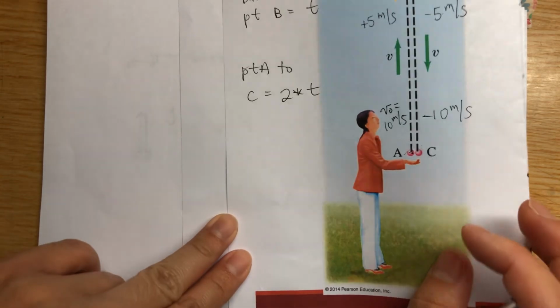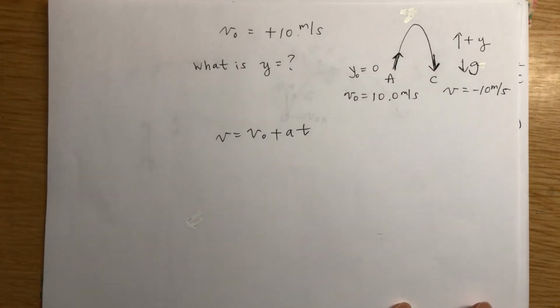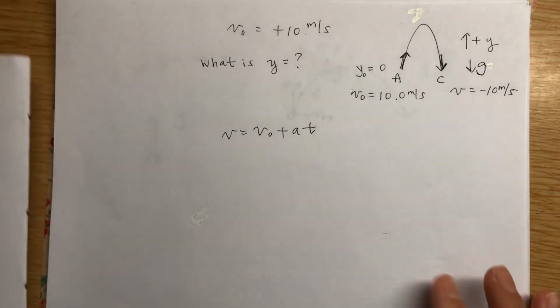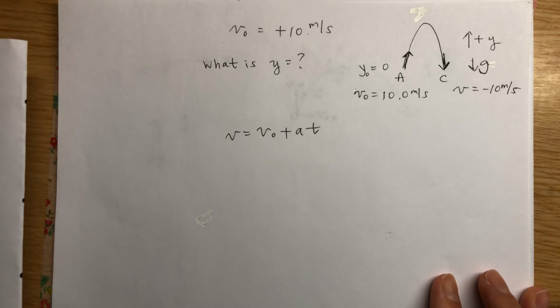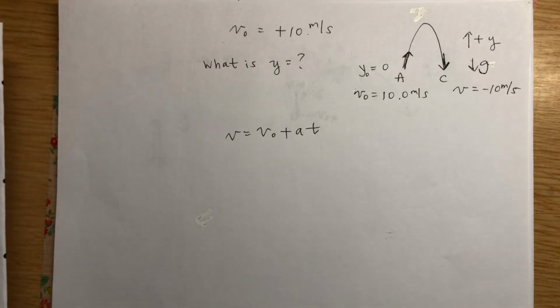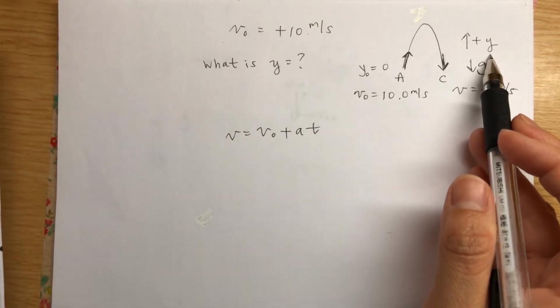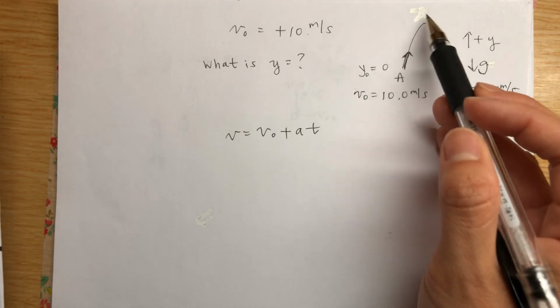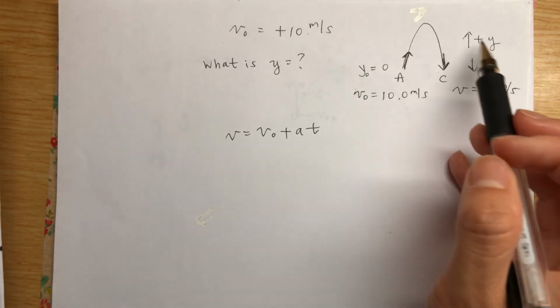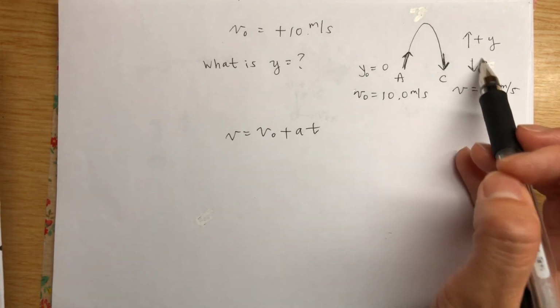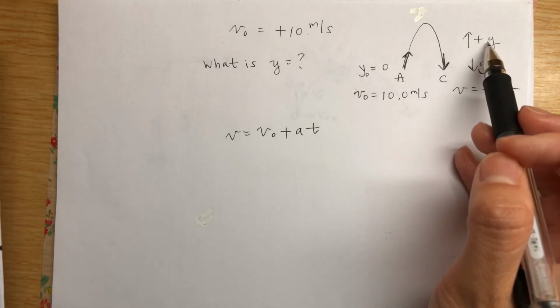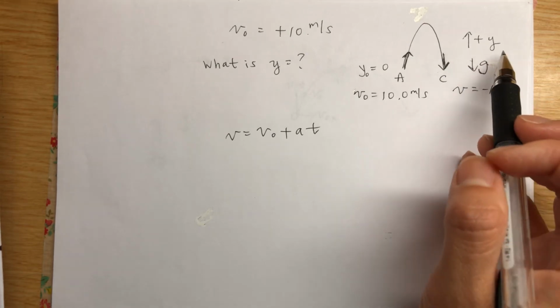But let's use the kinematic equations to figure it out. I'm going to look at now the whole path. Usually I've been saying pick the y direction according to the direction of the motion, but here you have an upward motion and a downward motion, so choose either one. So I'll just choose upwards as positive y.